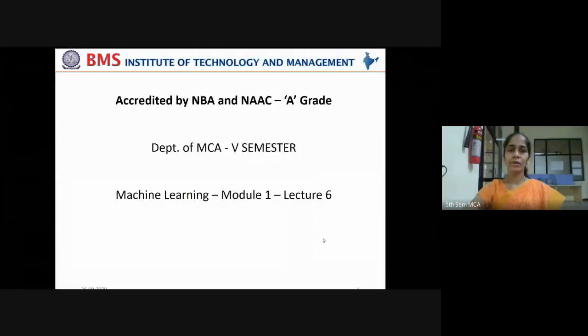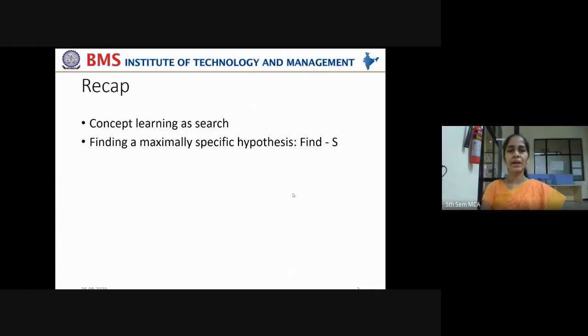Okay, in the previous class, we understood how concept learning can be treated as a search problem. Whenever a machine is learning about a concept, it is trying to search the hypothesis space, that is capital H as we represent it.